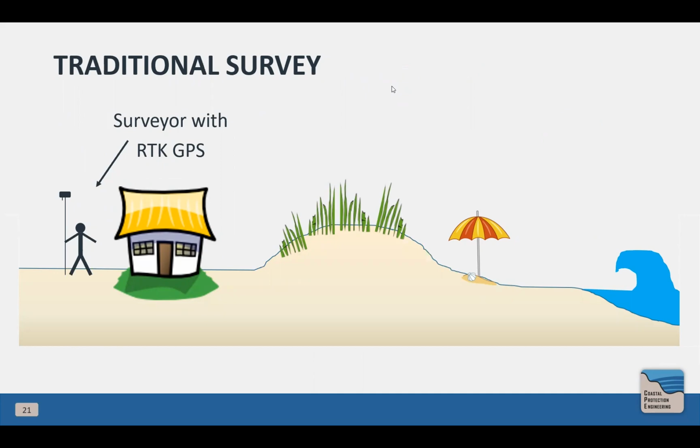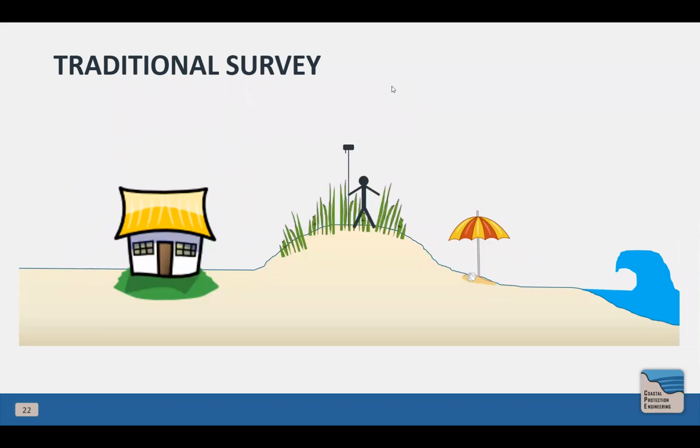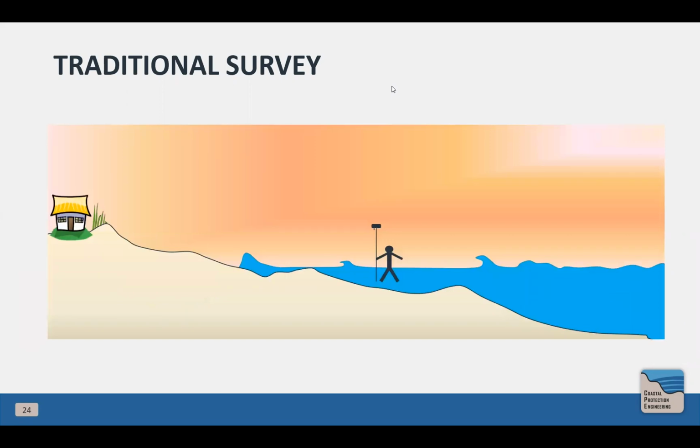Again, this is a simple diagram, but he'll go up and over the beach, typically starting back where you would normally find the houses, get elevation points up on the dunes, and then out onto the beach itself. Most people think that's where the beach system stops, but it actually continues offshore where you can't see. So he is not drowning. He is swimming out there with his RTK equipment.